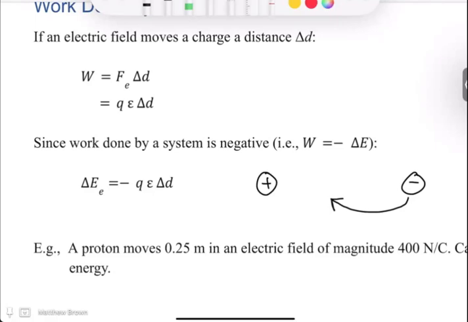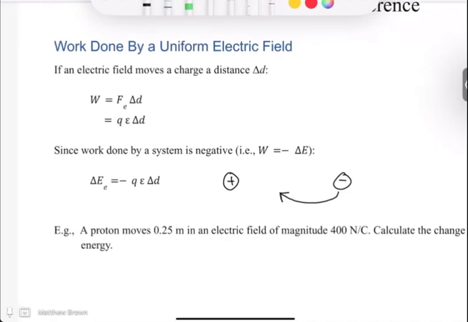Whereas if you go the other way, if I do work on this system, if I have a positive and negative charge right by each other, and I actually take this charge and physically move it over there, I've done positive work. I've done work on this system and changed it. So that would be positive work.